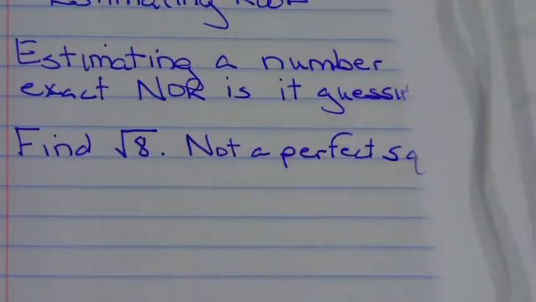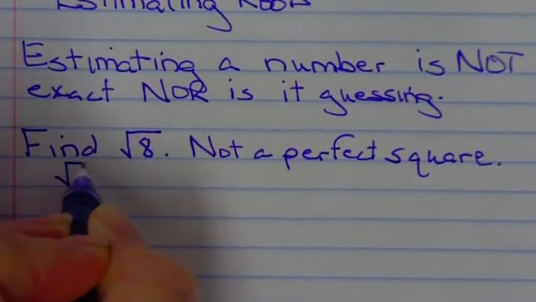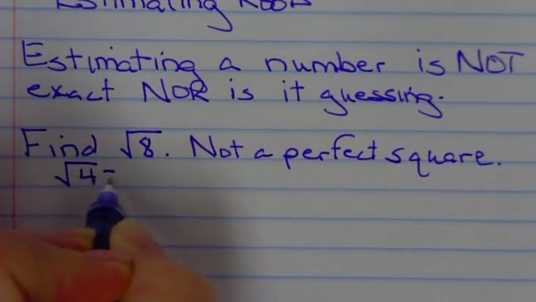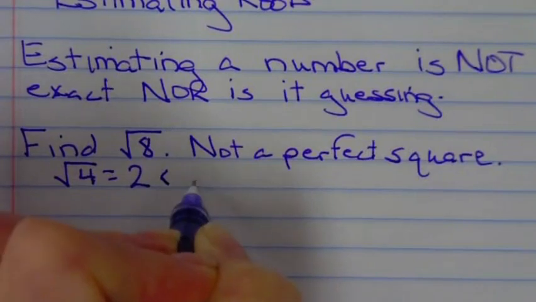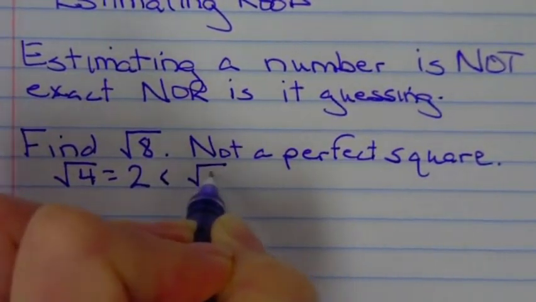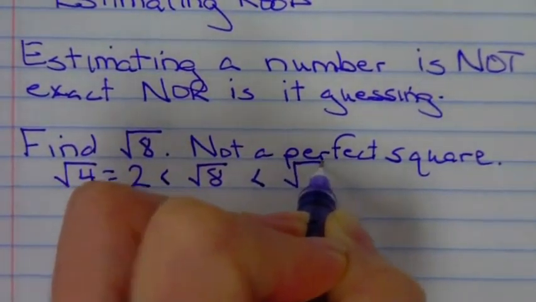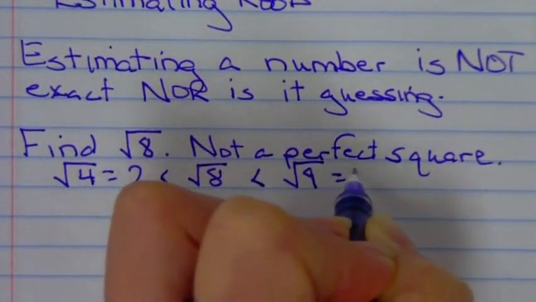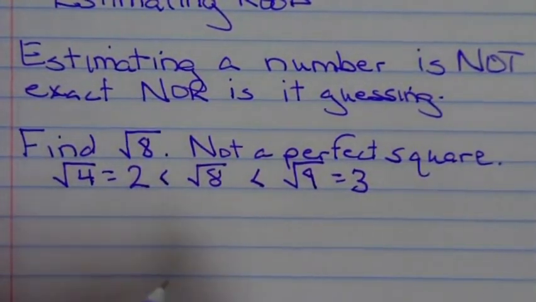So 8 falls between the square root of 4, which is 2, that's less than the square root of 8, which is less than the square root of 9, which equals 3. So 8 is closer to 9.